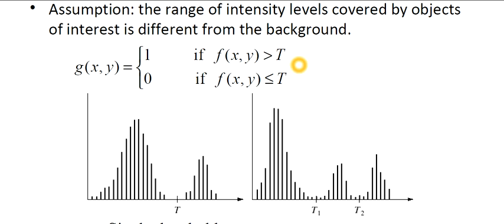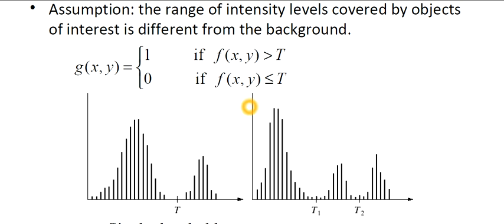That is our threshold. Whenever this f(x,y) value is greater than that threshold value, that pixel of the output image will be set to 1. If it is less than or equal to T, then it will be set to 0.